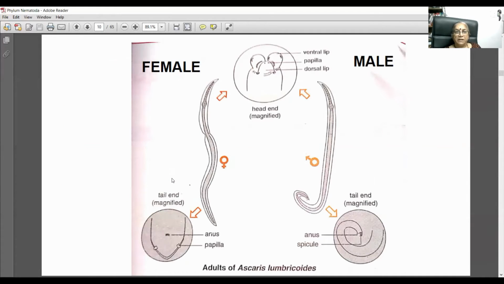See here, the male worm: you can see that the anus and spicule are present, whereas in the female you will see the anus, the papillae, and it is straight and conical. The anterior head has 3 lips. This is the papilla, which is the sensory area. These are the 2 ventral lips, and this is the dorsal lip.